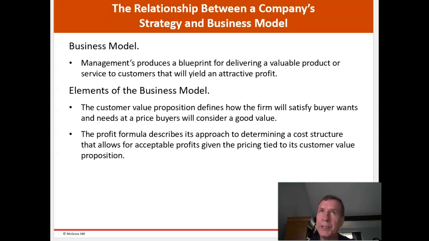Now, a firm's business model, I mentioned, was tied to the strategy. The firm's business model is going to set forth the logic of how its strategy will create value for the customers, while at the same time generating revenues, we talked about profitability, sufficient to cover any costs and also to realize a profit.